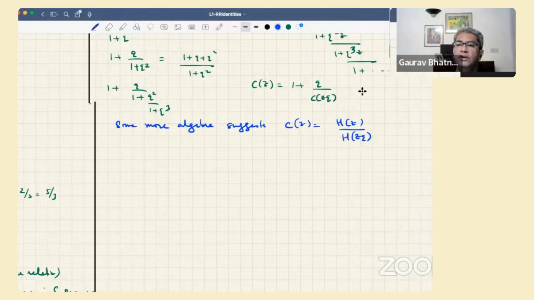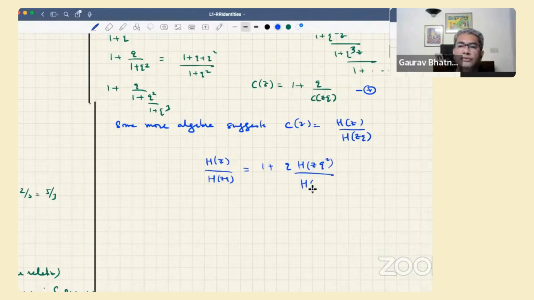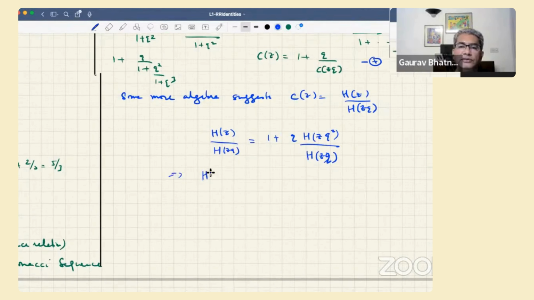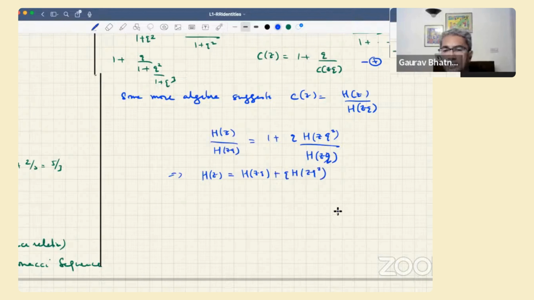And if we substitute it in here, we'll get h of z over h of zq equal to 1 plus q times h of z, zq squared over h of zq. And this means that h of z is equal to h of zq plus q times h of zq squared. So this is a more linear form.